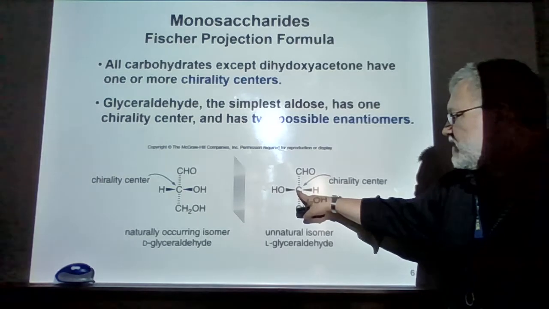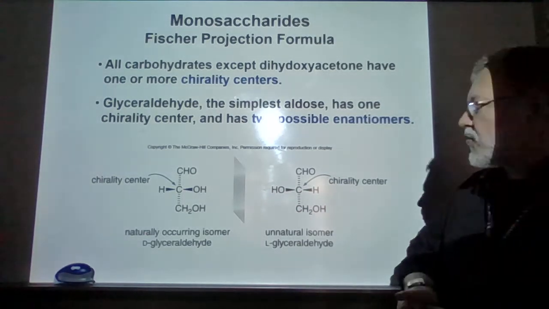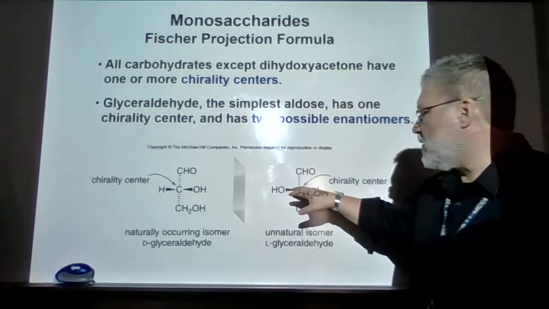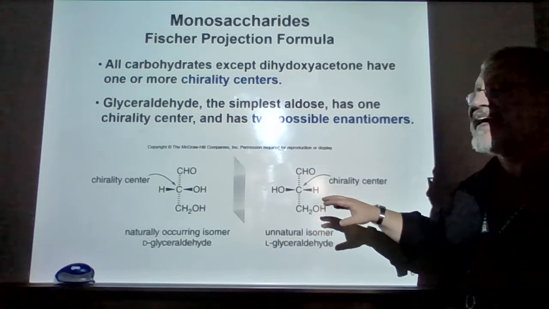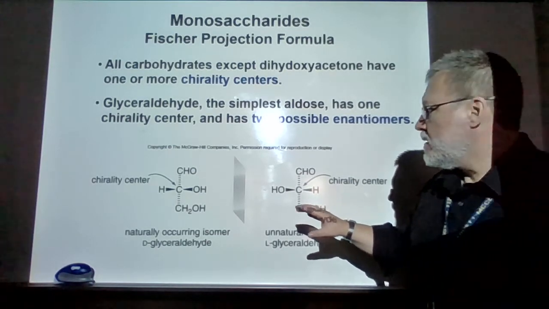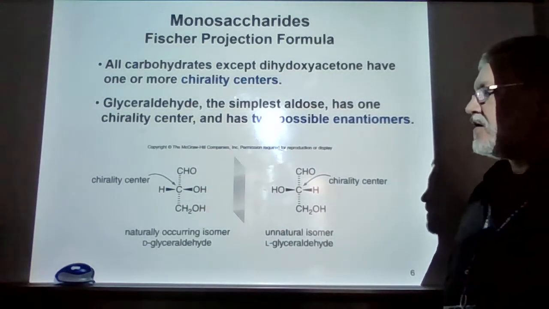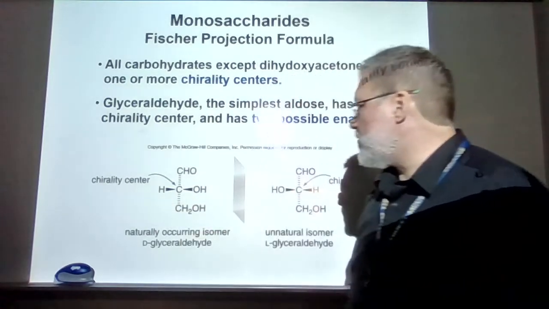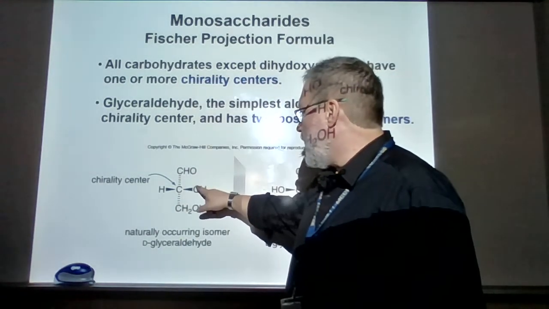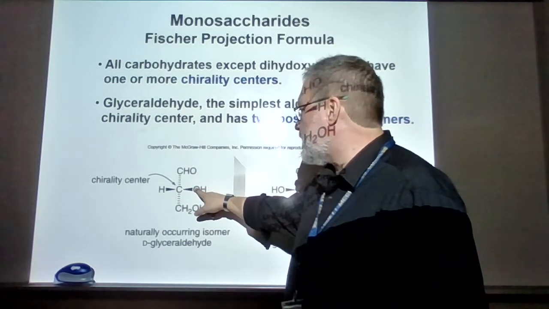This carbon is a chiral center, again, attached to 4 different things, but the 3-dimensional positioning of the OH here and in its mirror image are different from one another. If we look at the 3-dimensional presentation around this chiral center, here is our 1 position, because this is the group of highest priority.